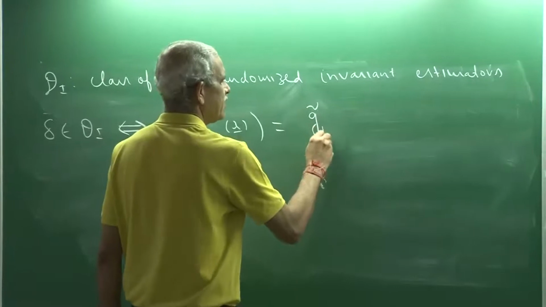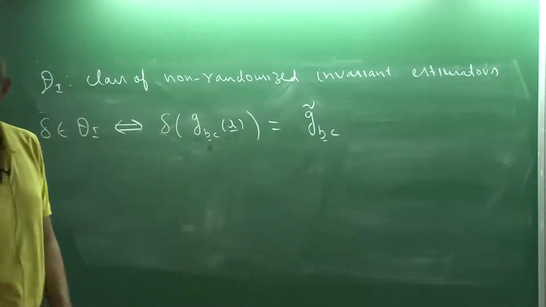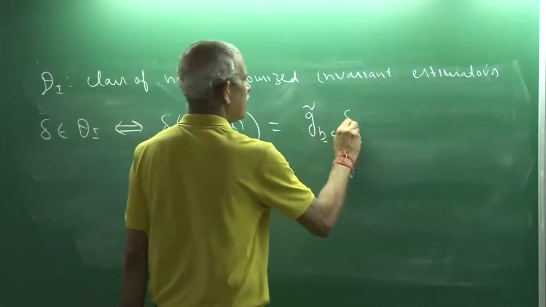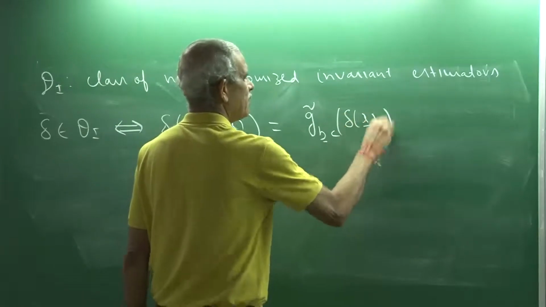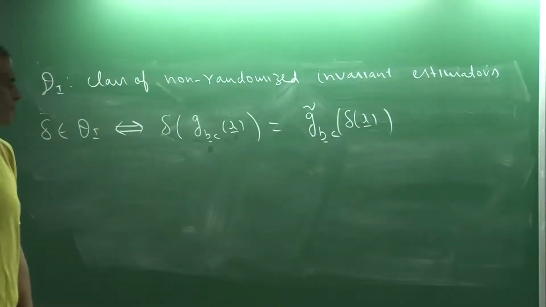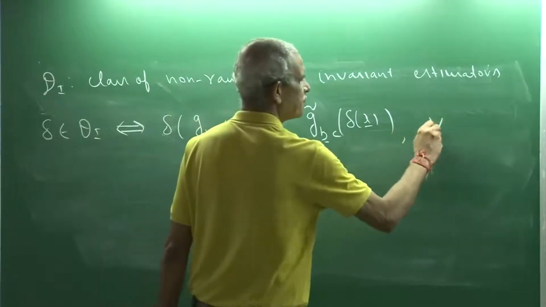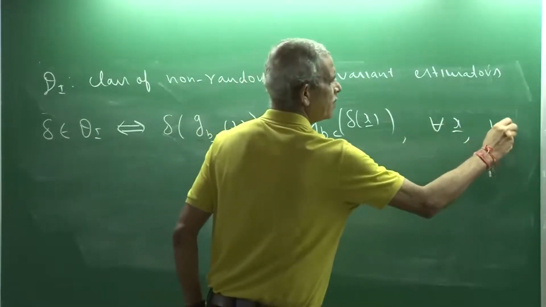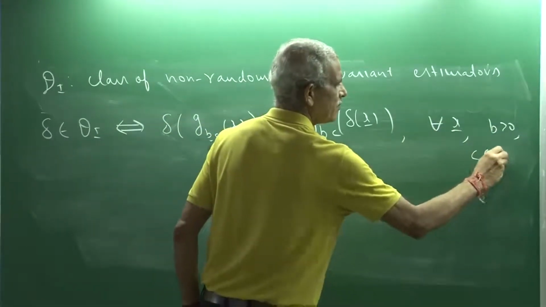So changing the action is taking g tilde b,c, applied to delta of X, for every X, b positive, c in R.